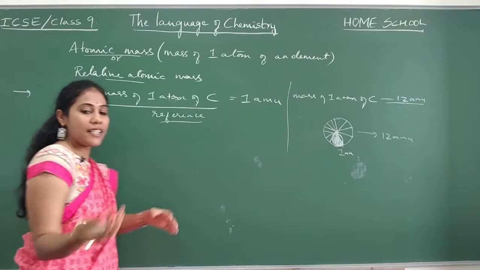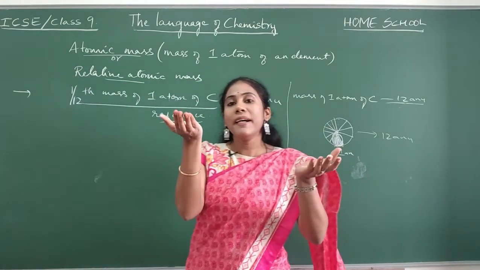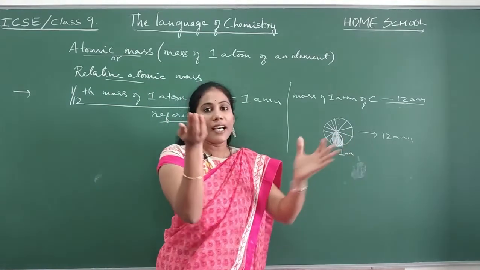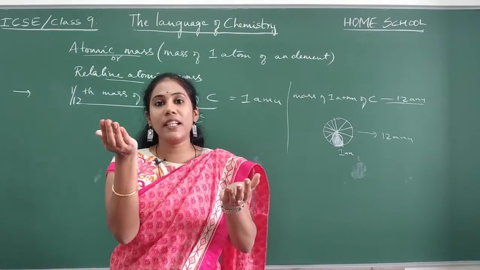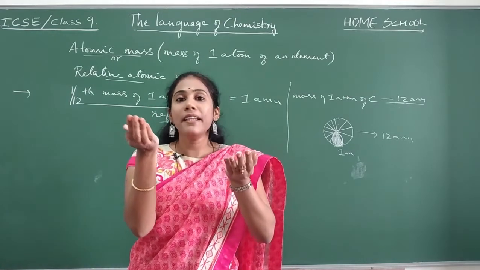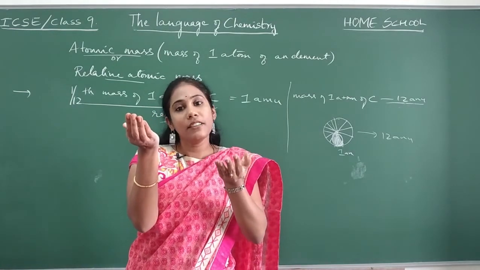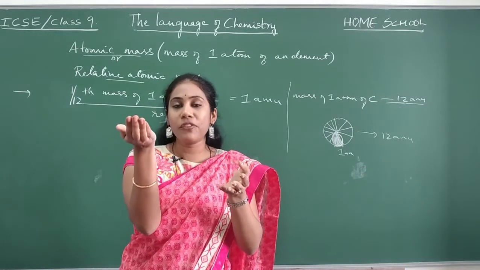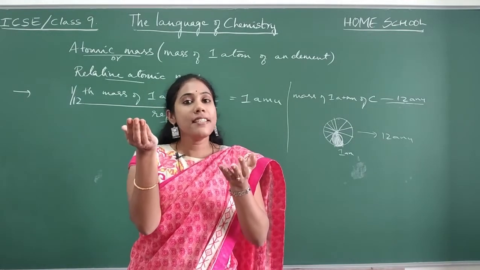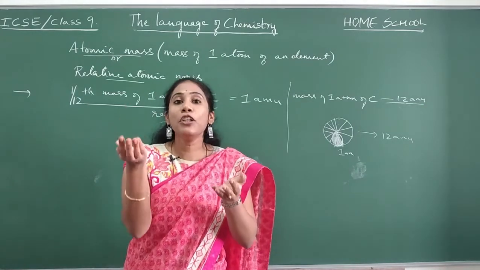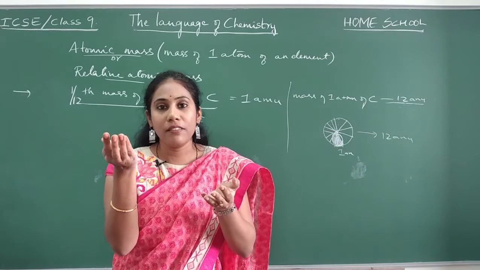Say for example, in one hand there is 1/12th part of carbon, whose mass is 1 AMU. In another hand oxygen is there. I am comparing the mass and I find that oxygen is 18 times heavier than this 1/12th mass of carbon. So that is the reason oxygen's atomic mass is 18. And chlorine's atomic mass is 35.